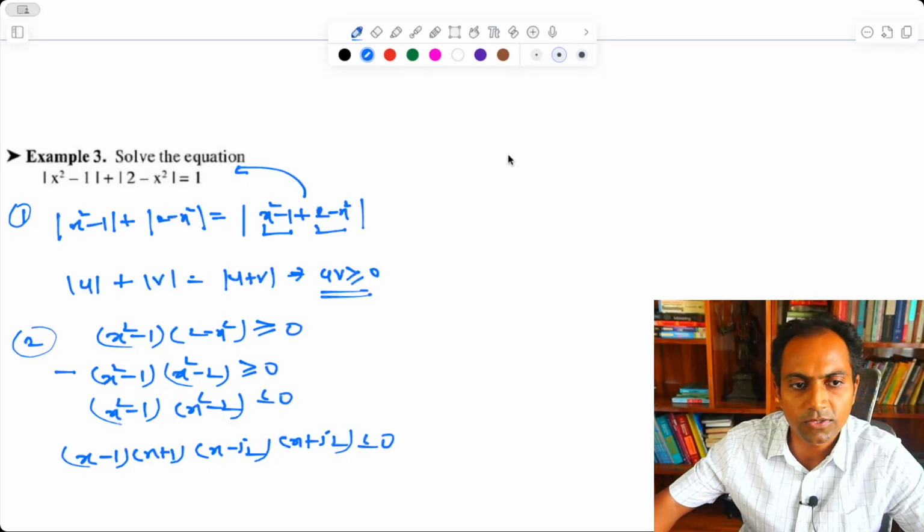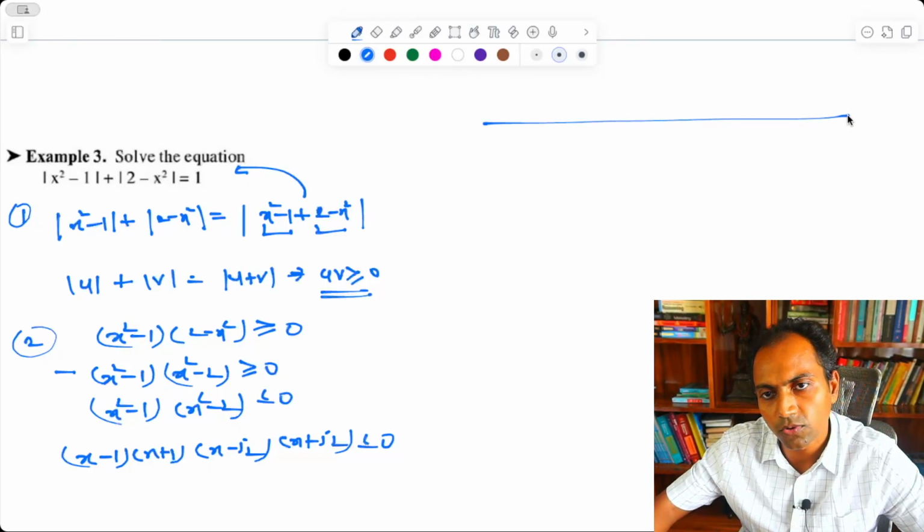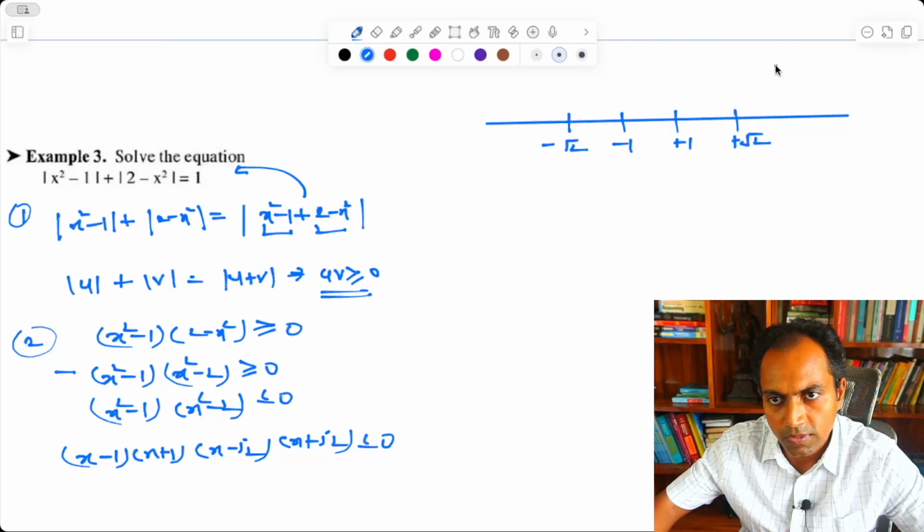And now if I solve this using the wavy curve method, I will have to draw a number line and put all of these numbers. Minus root 2 is there, minus 1, 1, plus root 2. We will start from here. We are going to draw a curve that alternates between the signs: plus, minus, plus, minus, plus.